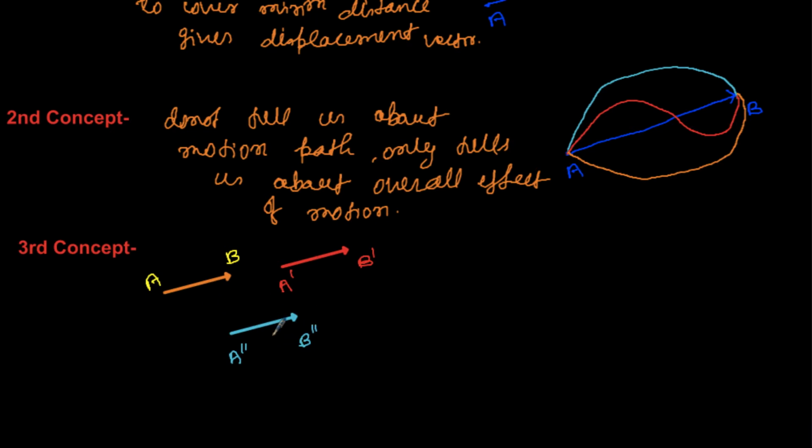So all three have the same magnitude and direction, but the only difference is their position. This is from A to B, this is from A dash to B dash, this is from A double dash to B double dash. Suppose I am going in India from A to B, in America from A dash to B dash, and in Africa from A double dash to B double dash.